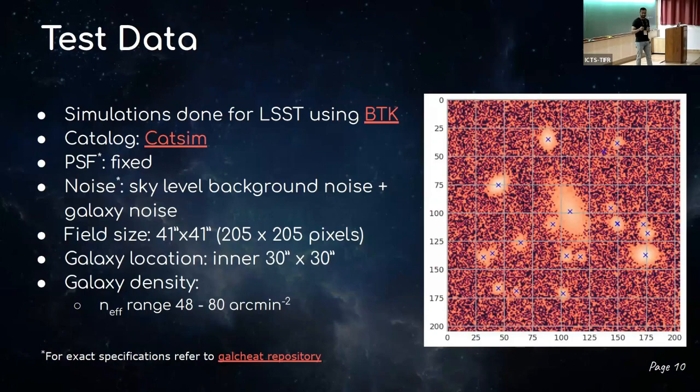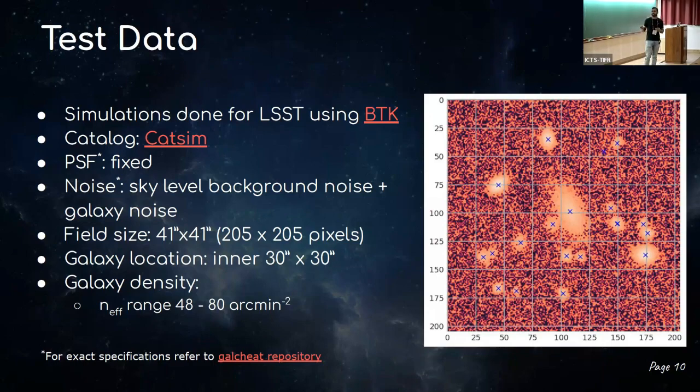Now, that test was more qualitative. Now we want to do something more quantitative. And I have simulated galaxies using the CATSIM catalog. And here we have the PSF fixed. We are not varying the PSF. We generate these fields, which are 205 pixels, and paste galaxies over this field, with a density which is more than that of LSST, because we wanted to have more blended scenes and evaluate the blending algorithm.